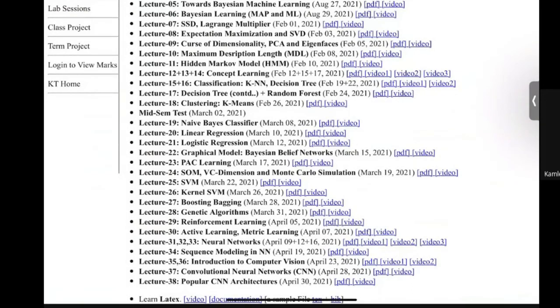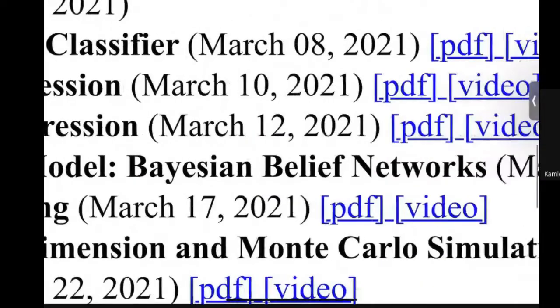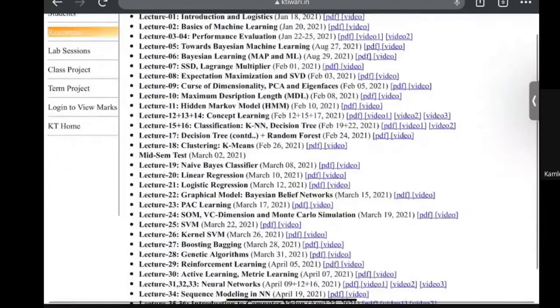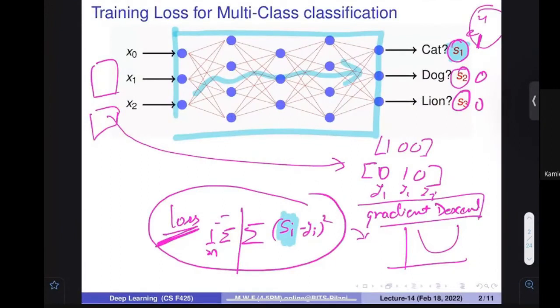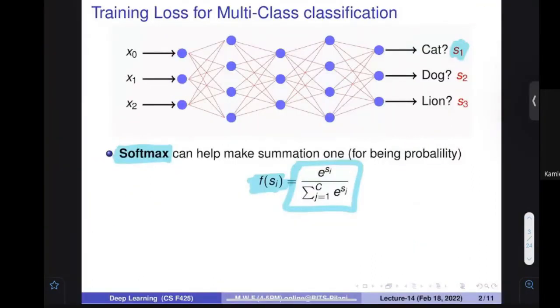Can you see lecture numbers 20 and 21? In these lectures, if you are interested, you can find out more about why this particular function is not convex. I'm not going into much detail, but it is not a convex function. Right now, you assume that this function is not convex. So we cannot utilize this for reducing our error.